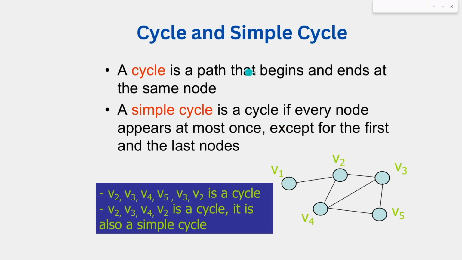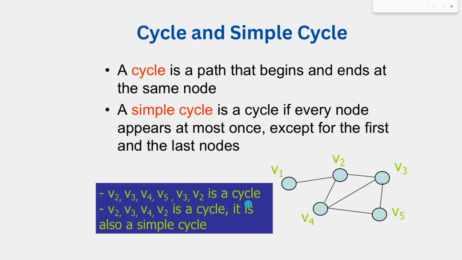Similarly, we have terms called cycle and simple cycle. As you know, a cycle means we have a path that ends and starts at the same node or vertex. A simple cycle should be a cycle where every node appears at most once except for the first and the last nodes.